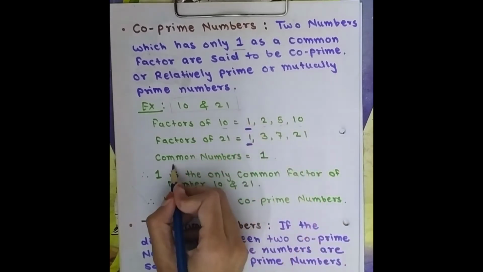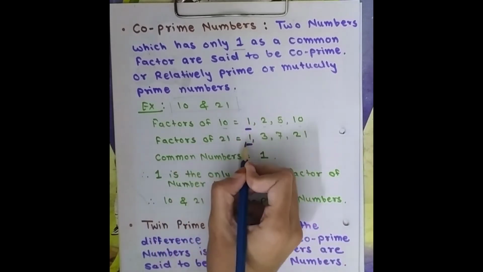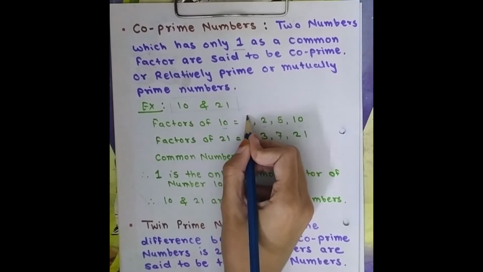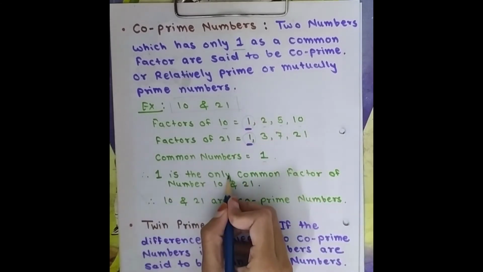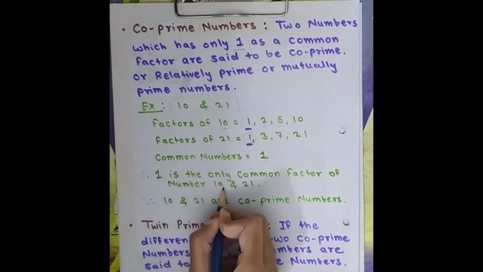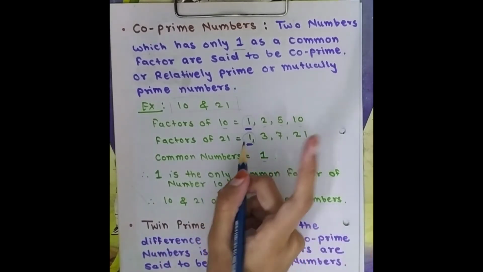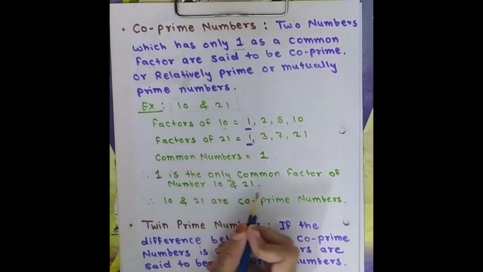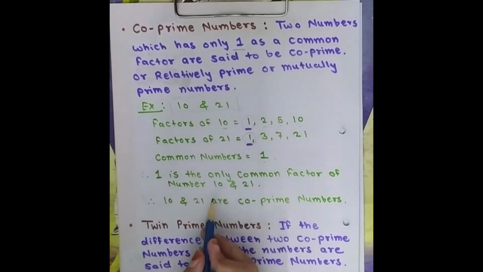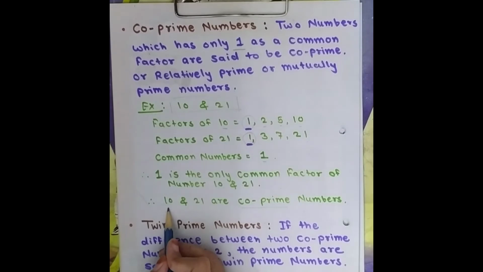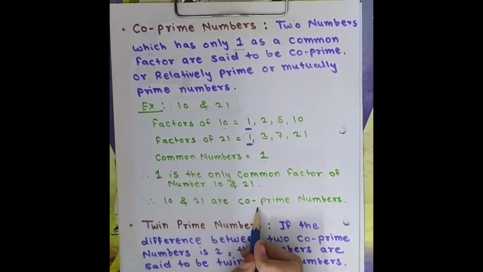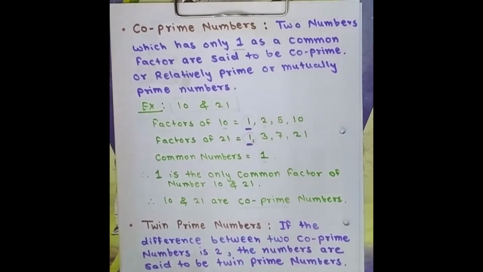Now what is common between these two? 1, and here is also 1. So 1 is the only common factor of 10 and 21. If 1 is the only common factor of two numbers, then we say they are co-prime numbers. Therefore 10 and 21 are co-prime numbers.